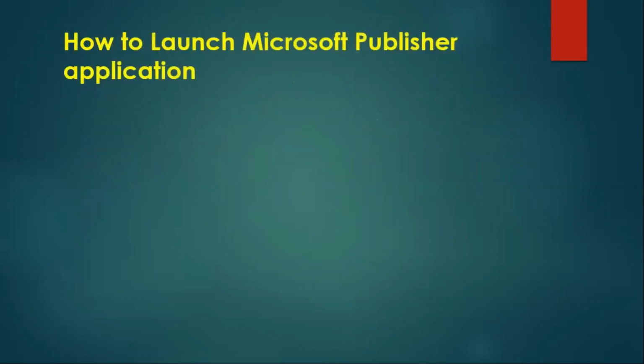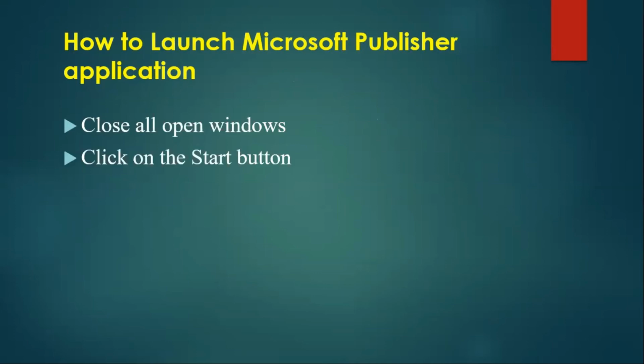Okay. Then we're also saying, how do we launch the Microsoft Publisher application? It's not different from PowerPoint or Word, but we will still go through. So the first point is you close all open windows.